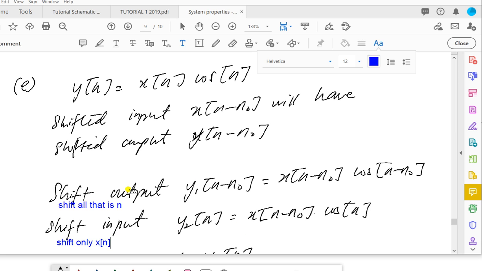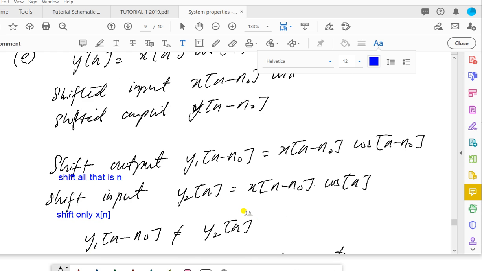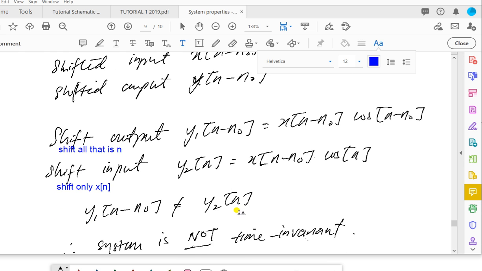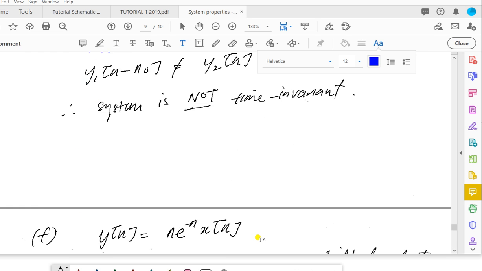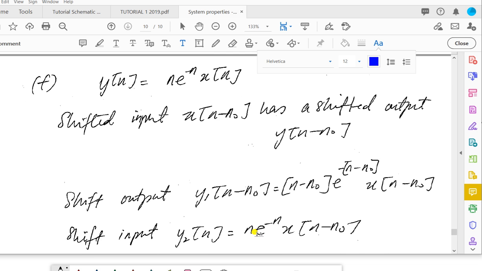Okay, so shift all that is n, so how many n are there here? xn and cos n, so you shift all that is n. Alright, then you shift input, which means you shift only xn, not cos n, because you are only shifting the input. Okay, so this is where you compare, and if it's not the same, then it's not time invariant. Yeah?